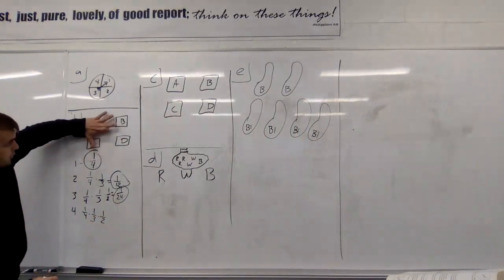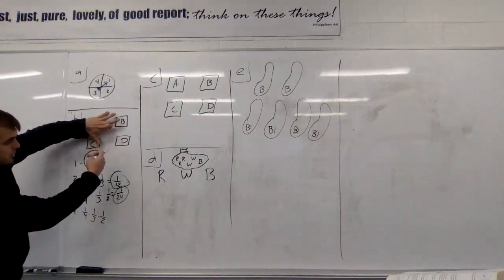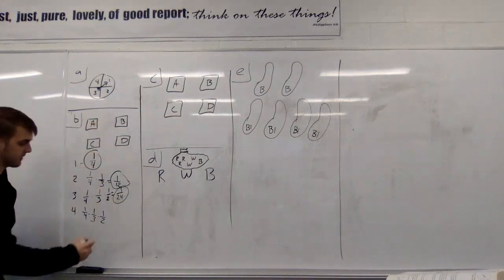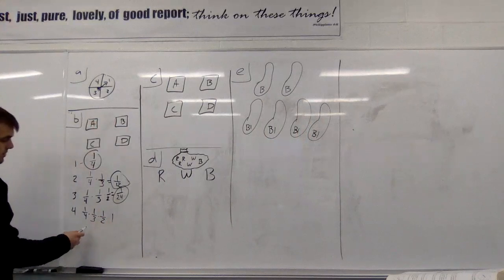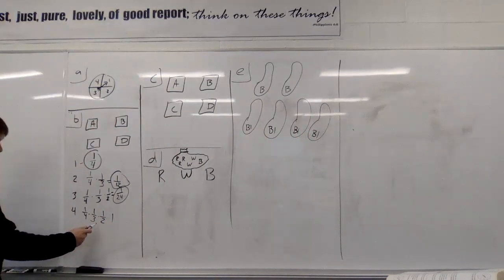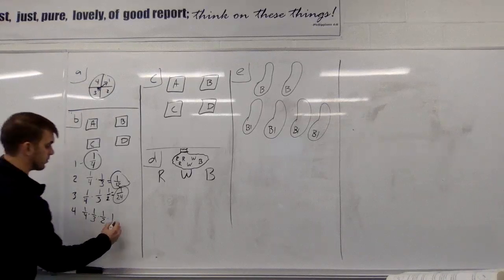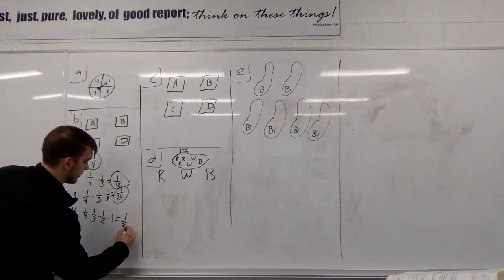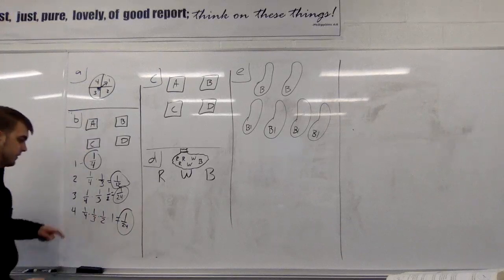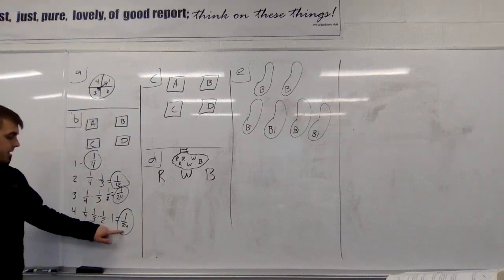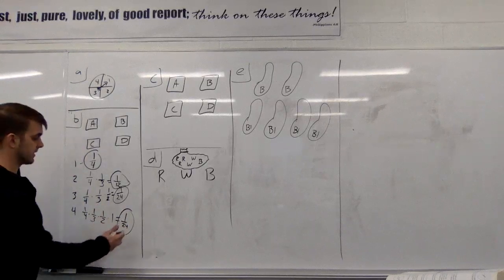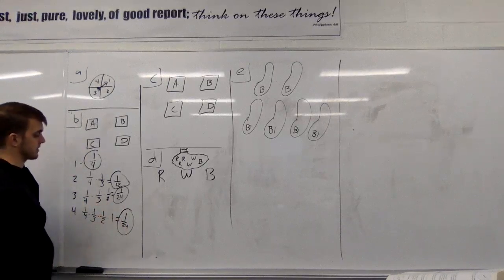And if you have all three of these turned over, what's the chance that you'll turn over D? 100% or 1. So this is what your answer is. 1/4 times 1/3, 1/12. Times 1/2, 1/24. 1/24 times 1 is 1/24. So in other words, if you get the first three right, you will turn over D for the last one.